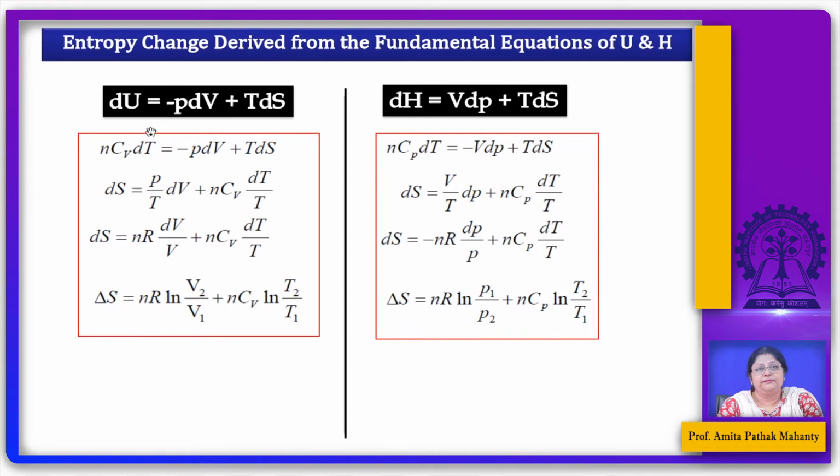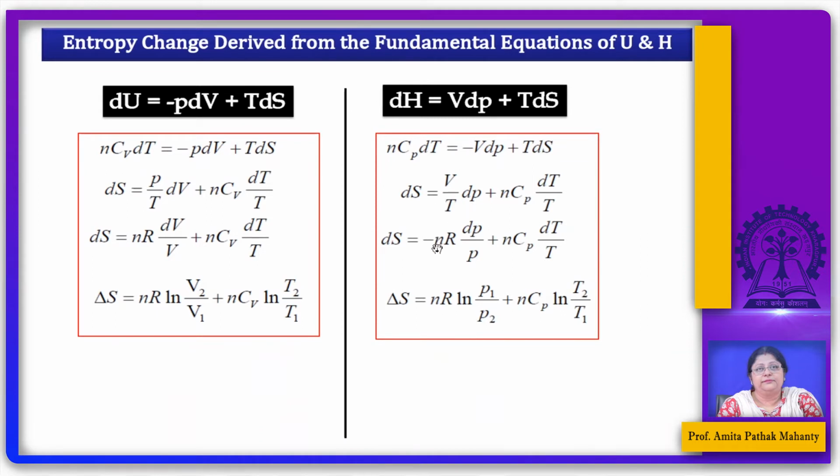Similarly, instead of the internal energy thermodynamic potential, you look into the enthalpy equation. Write down the expression which you have derived just now, replace this by Cp, nCp dT, and then divide throughout by temperature and find out what will be the entropy change from this expression.